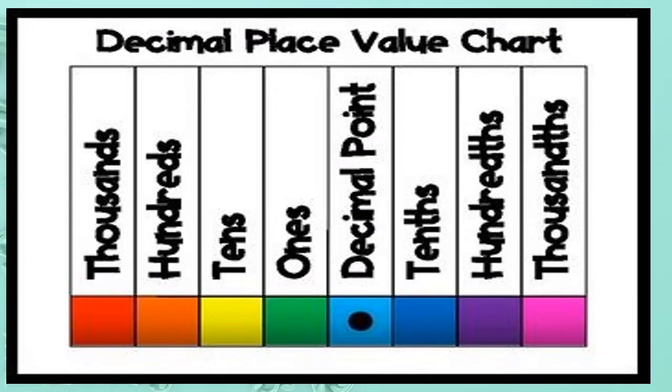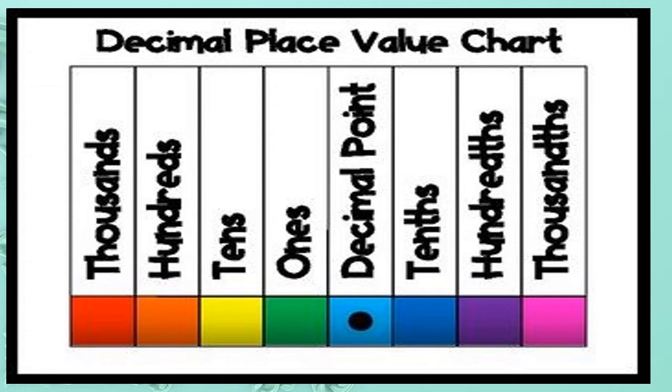So students, as we have the international or Indian place value chart for whole numbers, in this slide we will see the decimal place value chart. As you can see, on the left side of the decimal point we have whole numbers that we all know: ones, tens, hundreds, thousands, ten thousands, likewise this place value chart will go on.